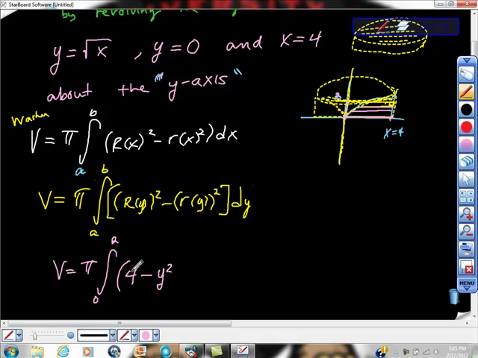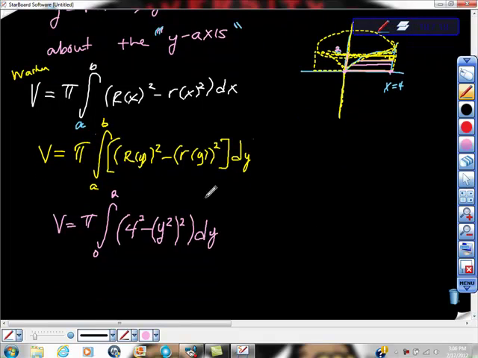Hopefully that's making sense. Okay, you guys, forgive me, I kind of blew it for a second there. This radius here is 4, so I have to square it.